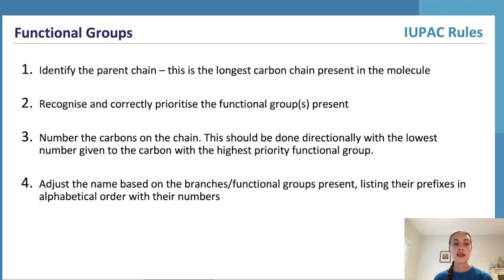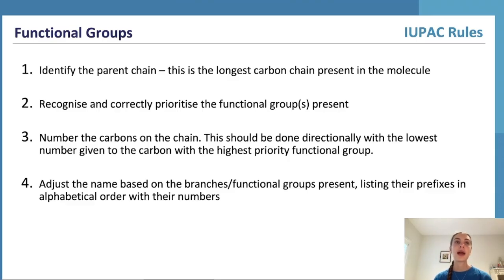So our first step in naming any organic compound is that we need to identify what the parent chain is. And so the parent chain is going to be whatever the longest carbon chain is that's present in the molecule. So whether that be 5 carbons long, making it a pent molecule, or 10 carbons long, making it a dec molecule, or 2 carbons long, making it an eth molecule.